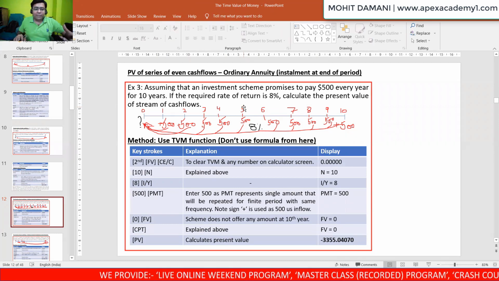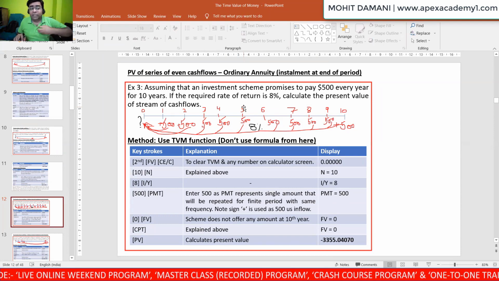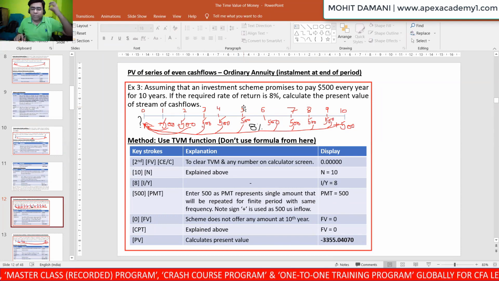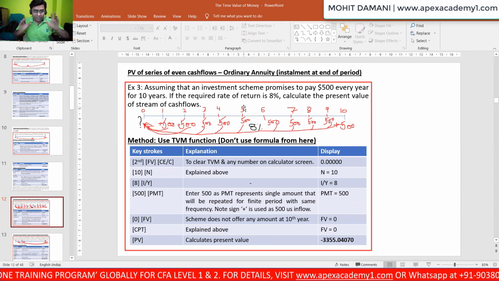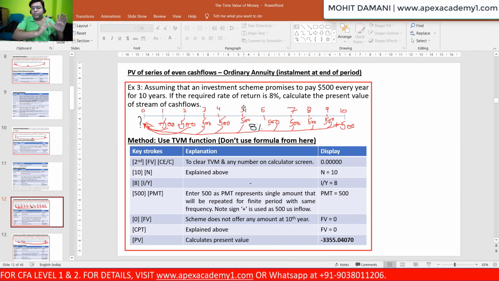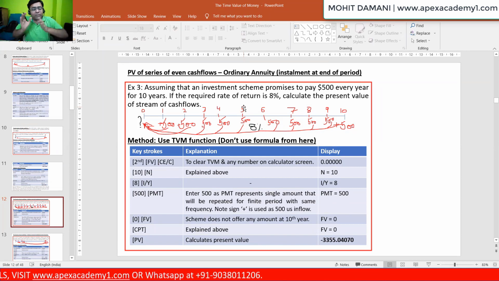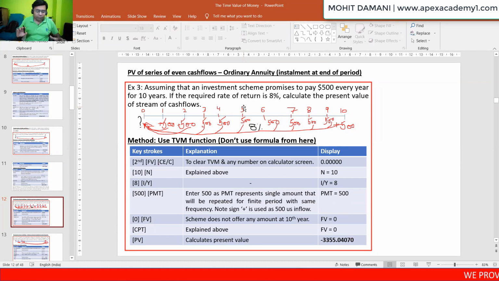For how annuities work and the concepts, there is a much more detailed explanation in the normal master class program. So just a word of caution over here.